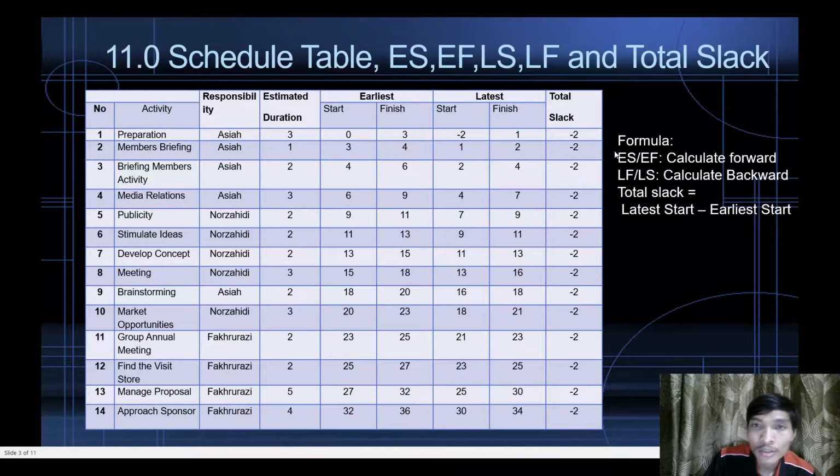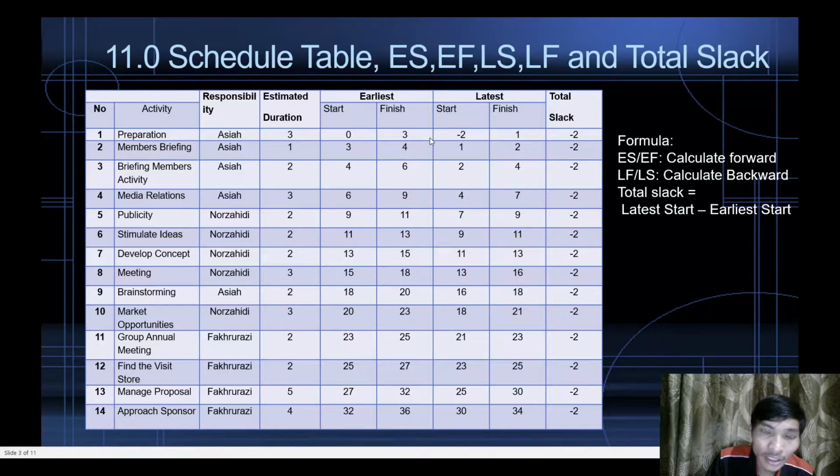This is the schedule that is easier to see from the develop project on 10.0. How to get the total slack is later start minus earlier start. So the later start, which is -2, minus 0 gets -2.